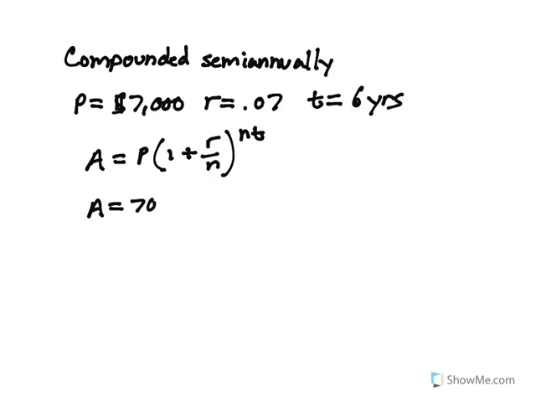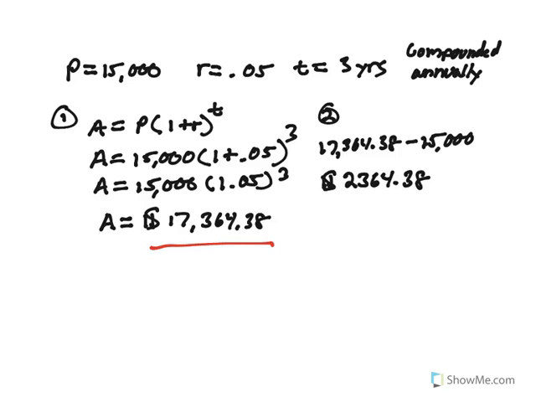All right, so we said that's 7,000. The rate is 0.07 divided by n, which is going to be 2, because it's compounded semi-annually. So n is the number of times it's compounded. In the previous problem, n should equal 1.